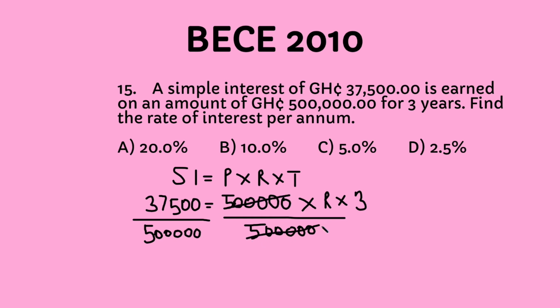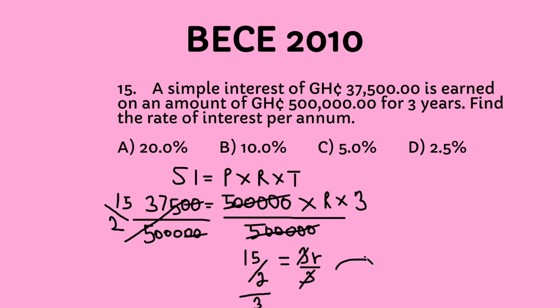Divide each side by 500,000. That way we get rid of the 500,000, leaving us with 3R on the right-hand side, and on the left-hand side, we break it down to get 15 out of 2, which is basically 7.5, but we're going to use it in its improper fraction form. So 15 out of 2 equals 3R, because we have 3 times R, divided by 3.